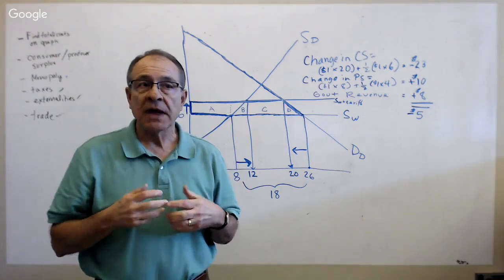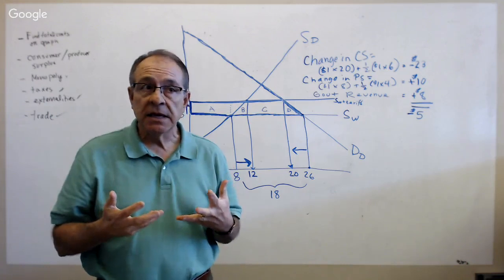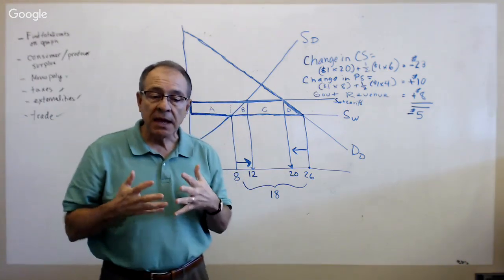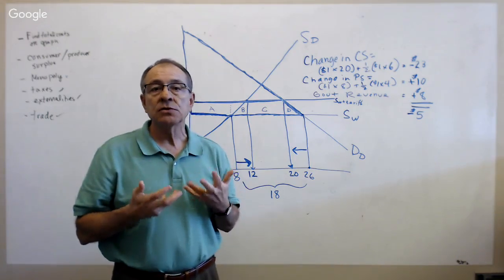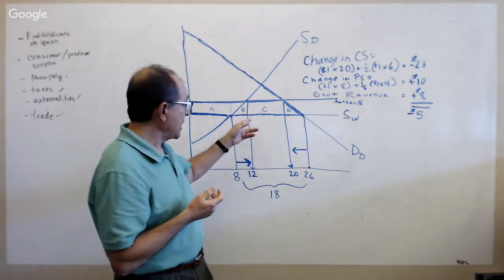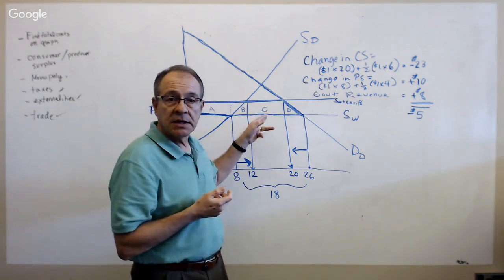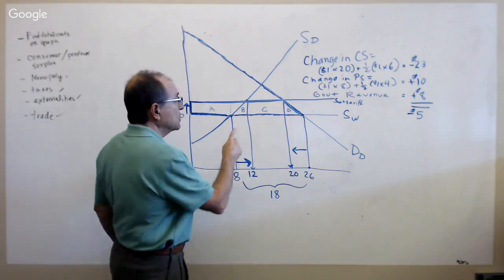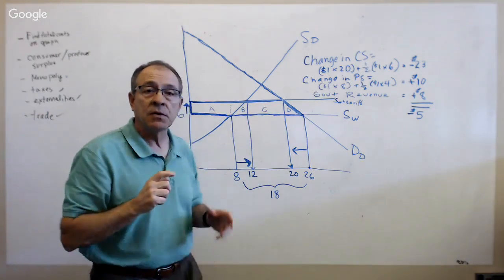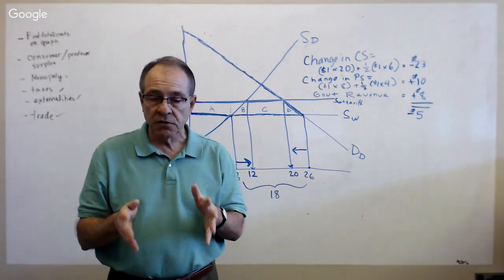In fact, Area C is what are called quota rents. They may, and most likely will, go to the countries that export, that are able to get their products sold in the United States under the quota. So that would be additional revenue going to foreign producers or foreign suppliers.